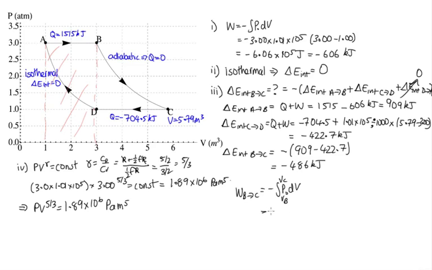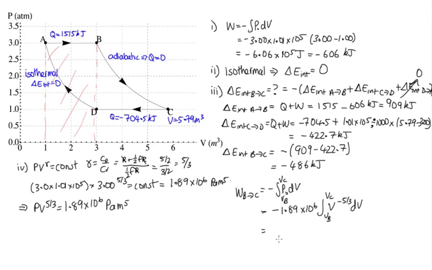So we can write this as minus 1.89 times 10 to the 6 times the integral of V to the minus 5 on 3 dV from VB to VC.